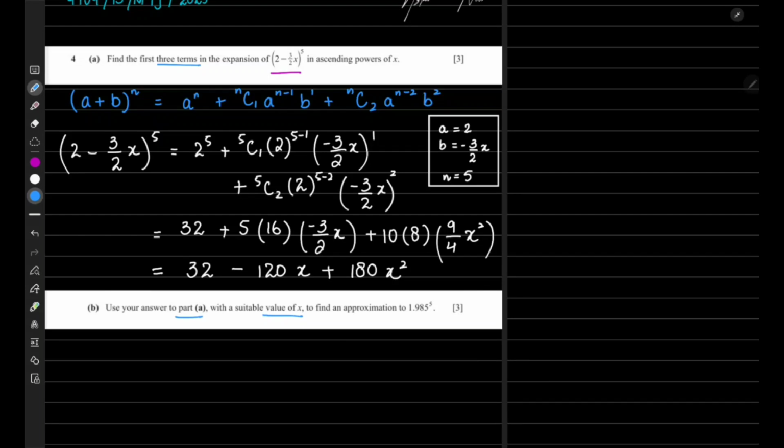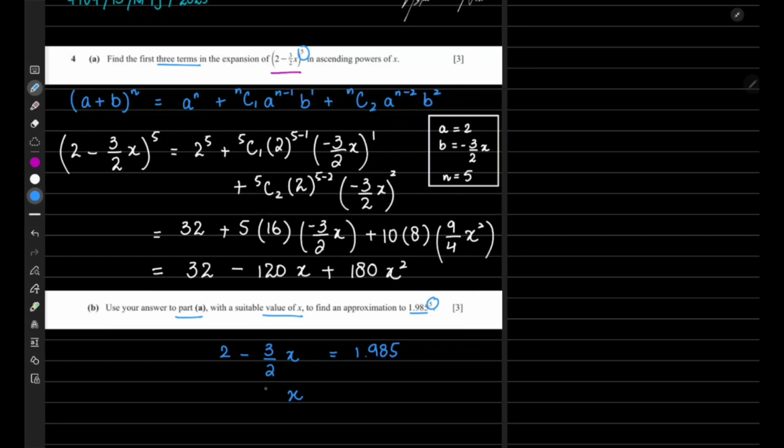You can see this 2 minus 3 over 2x should be equal to 1.985 because both of them are whole power 5. So by equating them, you will be able to find the suitable value of x.